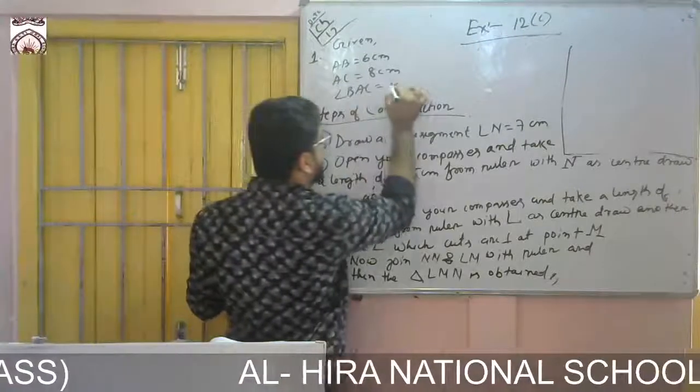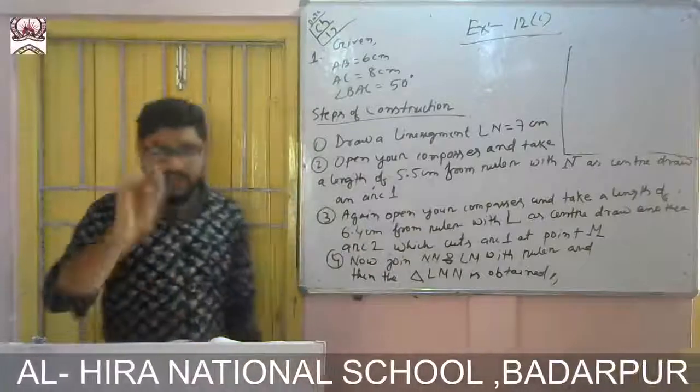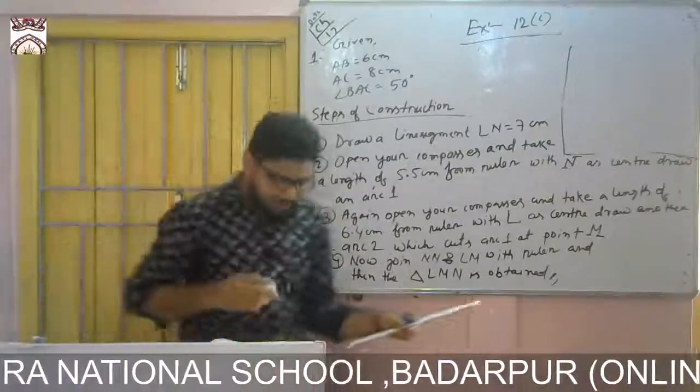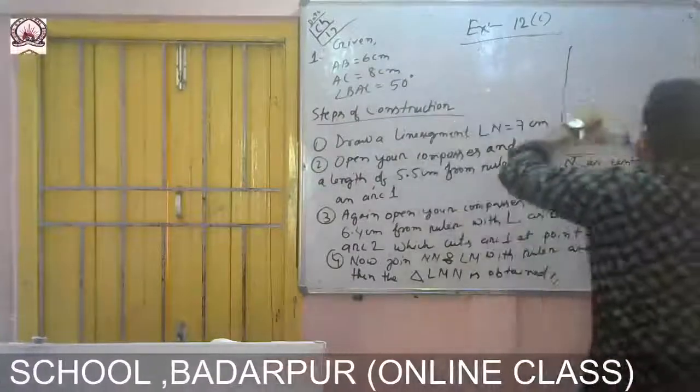That is, measure of angle A is 50 degree. So see, first you take AB equals to 6 centimeter as a base.